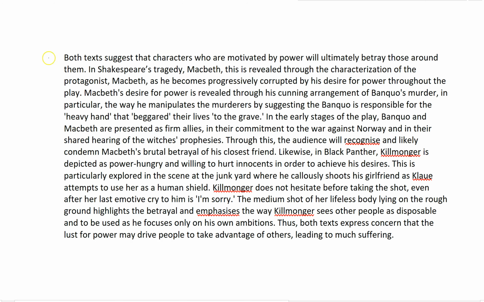So we start with the opening sentence, which is the topic sentence. It should be a big idea about both texts. So both texts suggest that characters who are motivated by power will ultimately betray those around them. So this is to do with being power hungry, lead to betrayal.